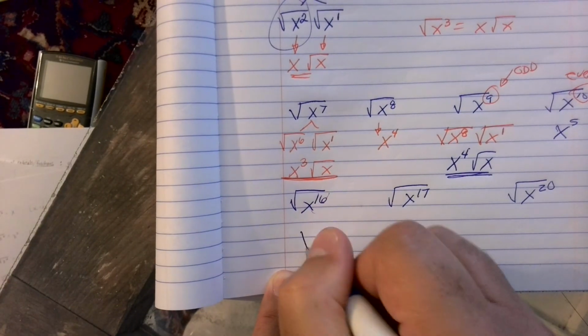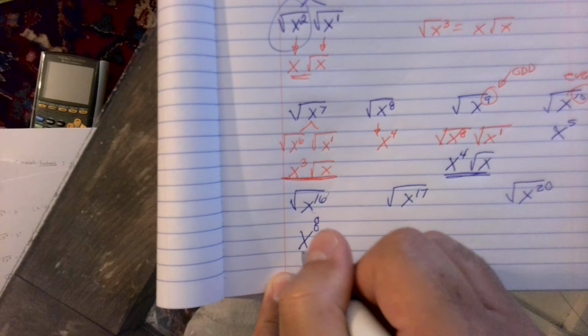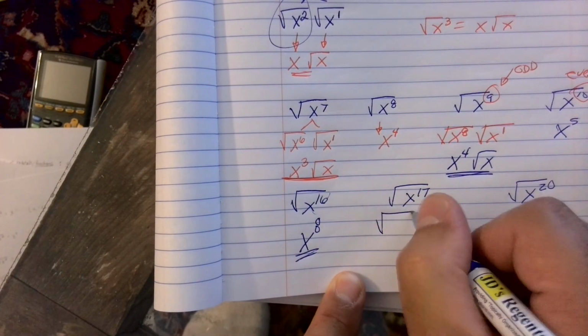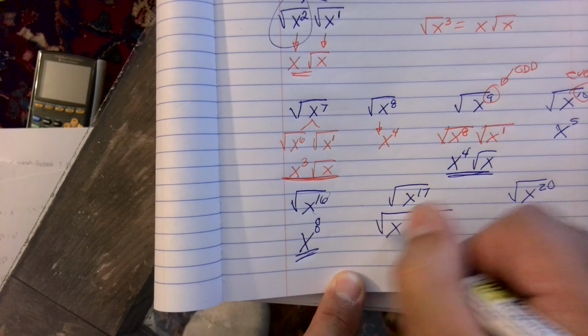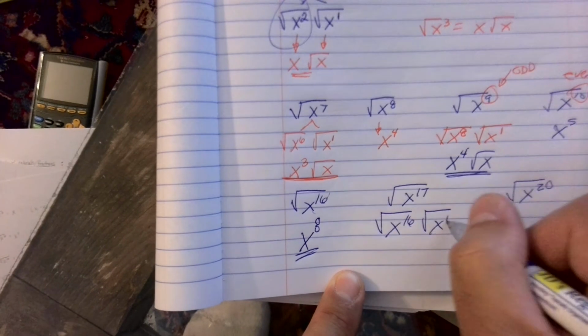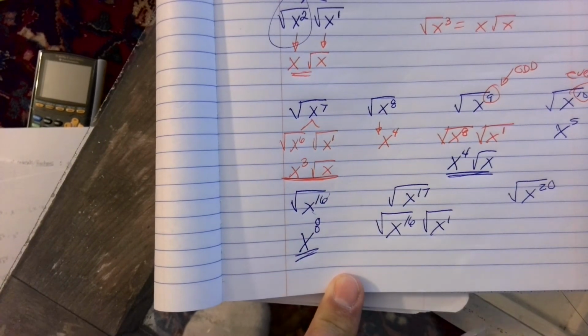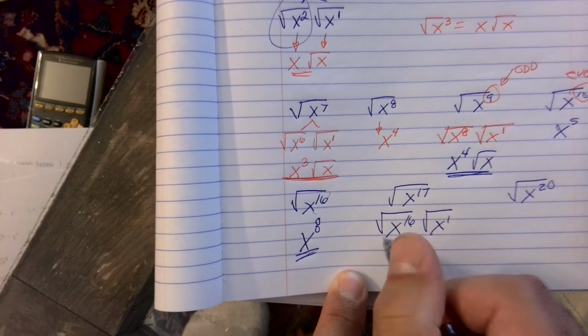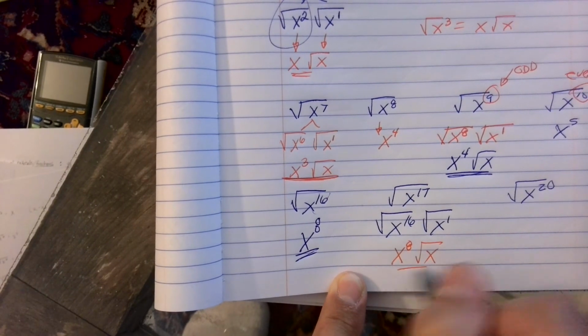16, that's even. This is going to be x to the 8th. I wrote that funny. X to the 17th, I'm going to have to break that up. X to the 16th and x to the 1. I'm looking for the largest perfect square. The largest perfect square is 16, and then this would simplify to x to the 8th and x.